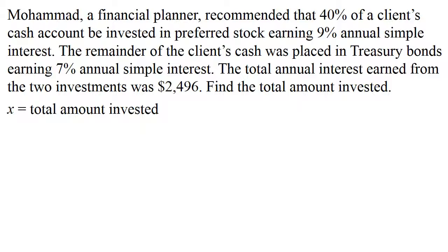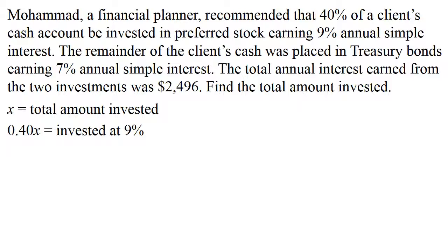How much did we put in the first account? Well, he said we should put 40% of our available cash. So 40% of the total amount invested we would write as 0.40x. Again, that's that percentage formula, percent times base. So the base is how much money we are investing.